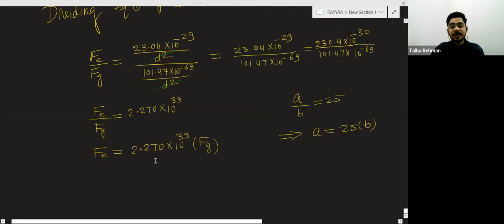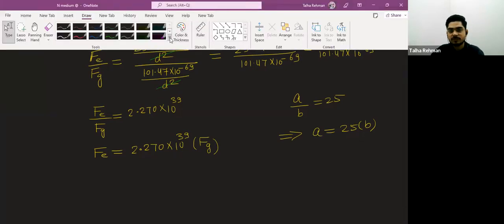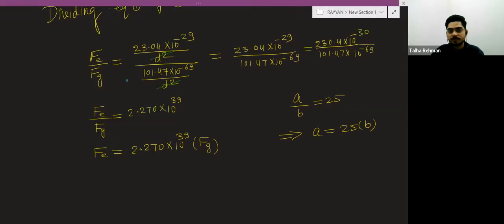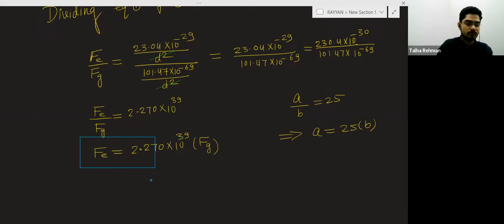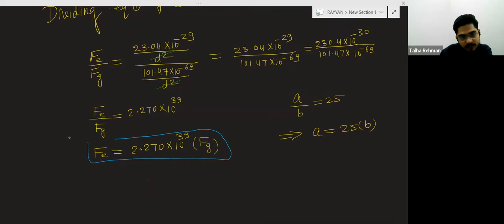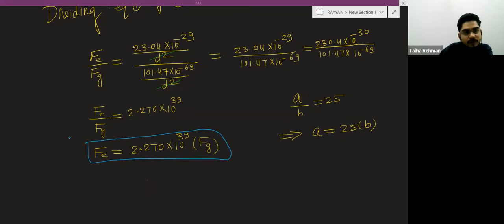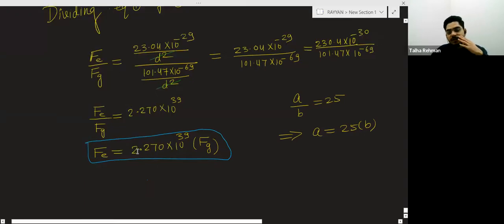See, this electric force is much greater than the gravitational force, and in value it is 2.270 into 10 to the power 39 times of the gravitational force.